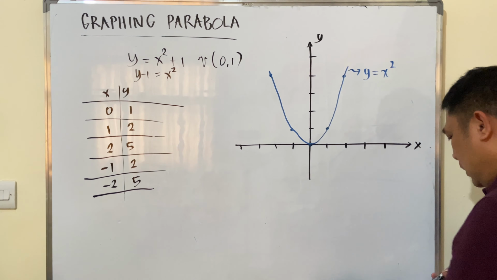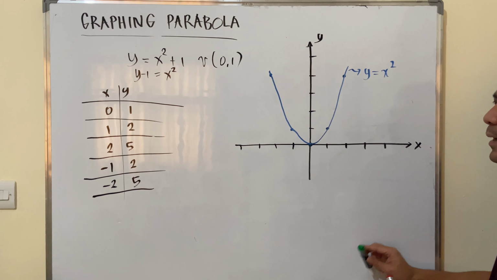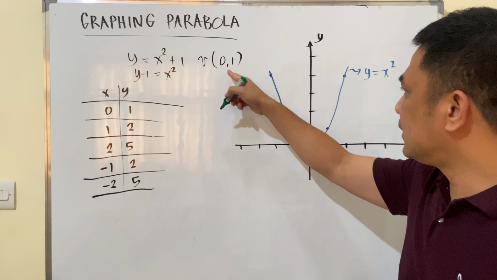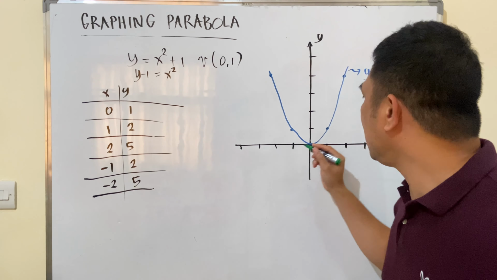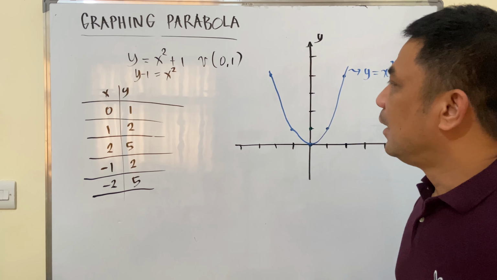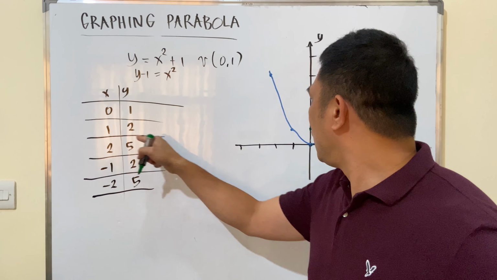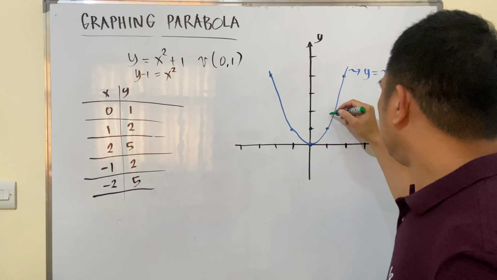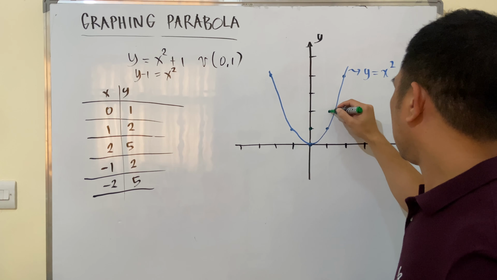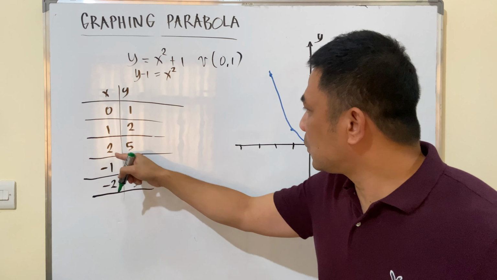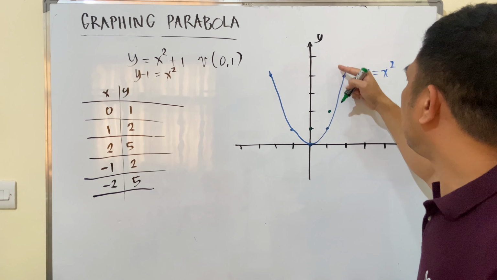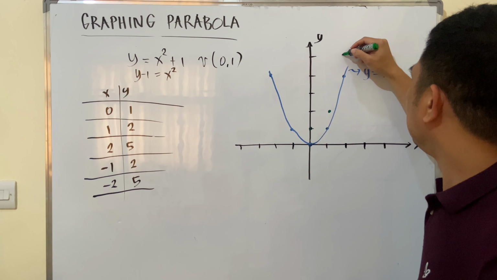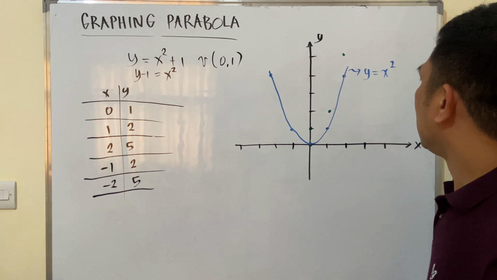So let's try to graph this second function now. Okay, so vertex at 0, 1. So at x equals 0, y is equal to 1. At x equals 1, y is equal to 2. At x equals 2, y is equal to 5, so 3, 4, 5, so that means at x equals 2, y is equal to 5.